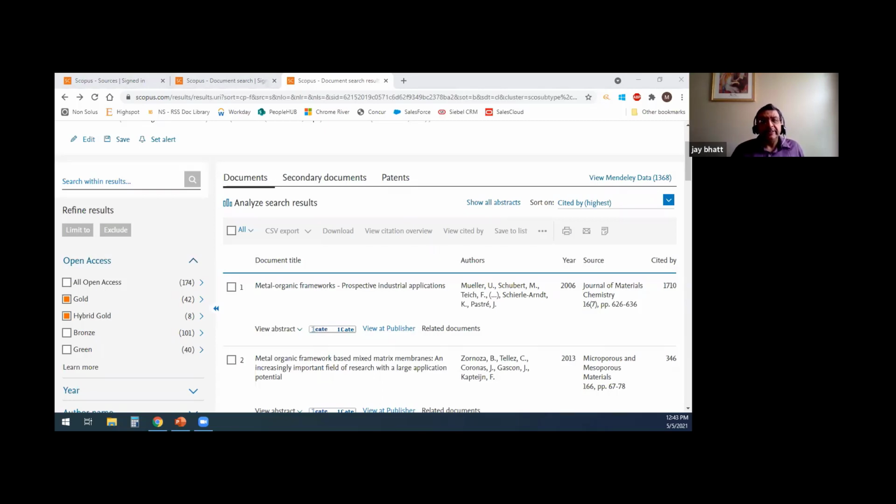Okay, then the one question that I have is, you mentioned something about CiteScore. Is it the same thing as in Web of Science, where there is an impact factor? Is it the same thing, or is this a different measure? So they are different measures. The methodologies for the two of them are different. Journal impact factor is only available for Web of Science journals, and for only a subset of Web of Science journals.